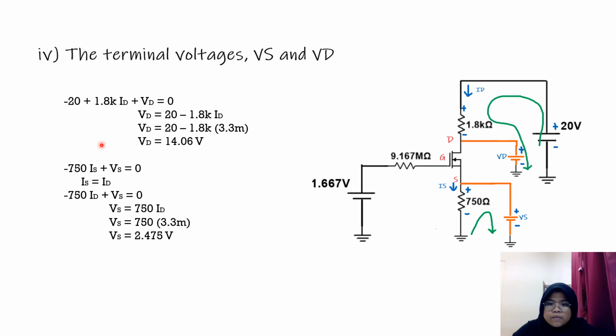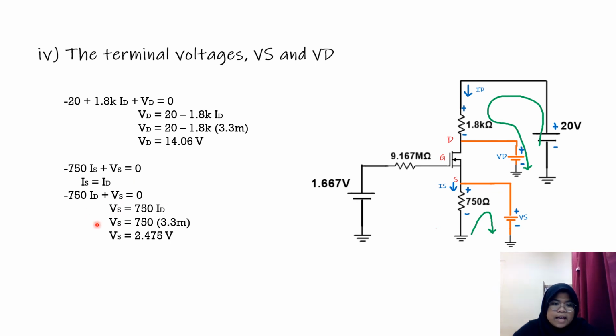So it's same with the VS. To find the VS, we have to put the virtual voltage at the source, and at this loop we can use a KVL method. So if you start in negative 750 IS plus VS equal to 0, since IS equal to ID, it will become negative 750 ID plus VS equal to 0.